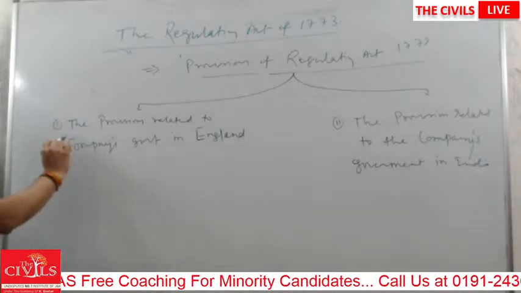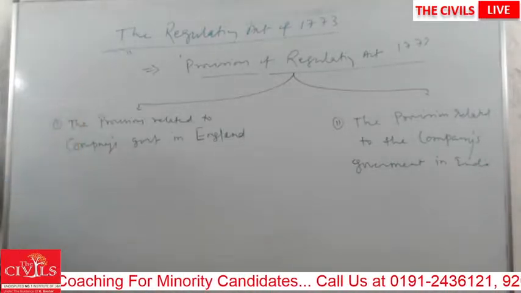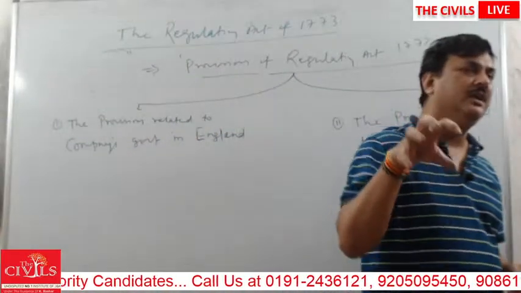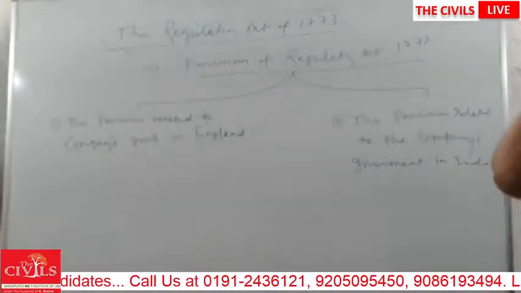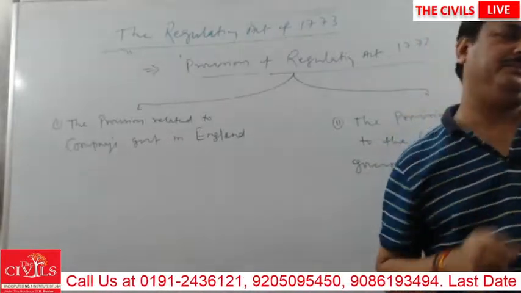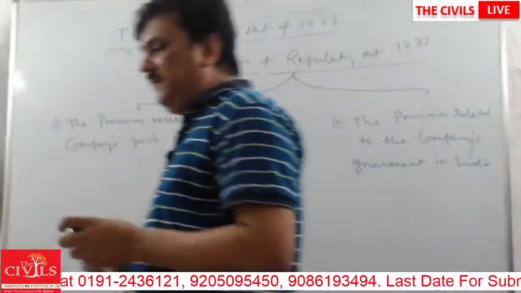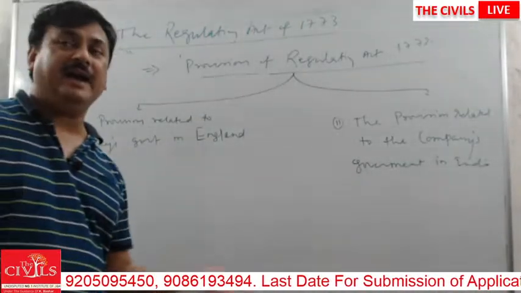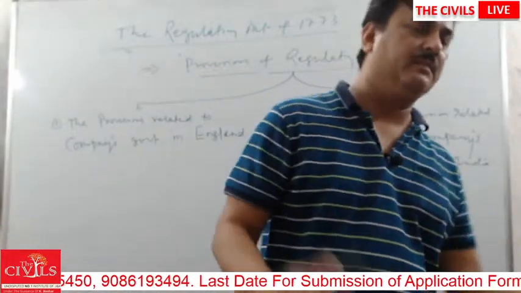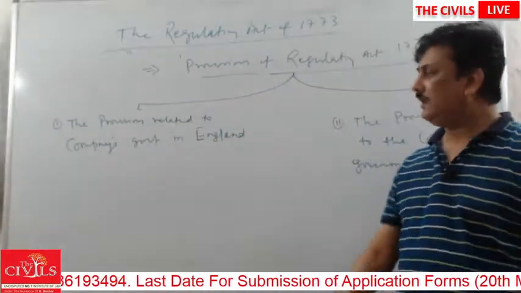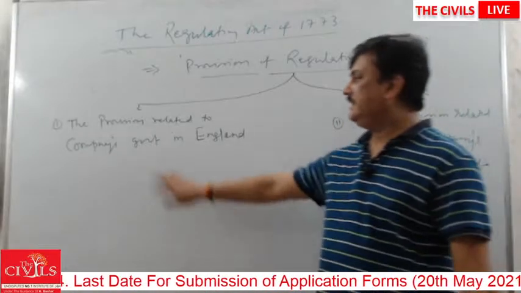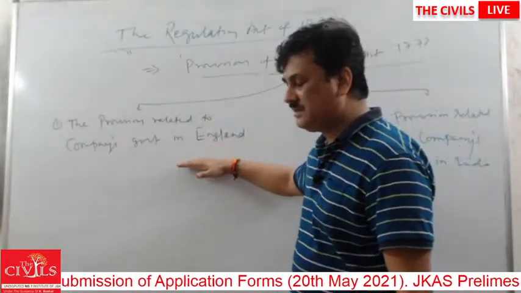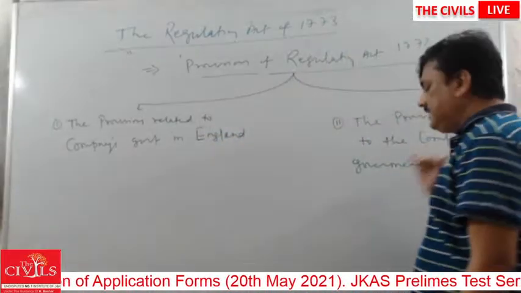Because the main objective of this Regulating Act was to regulate the functions, administration, government and activities of the East India Company in India as well as in England. So first is the provision related to the company's government in England. We will discuss this first provision, then we will move to the second provision.